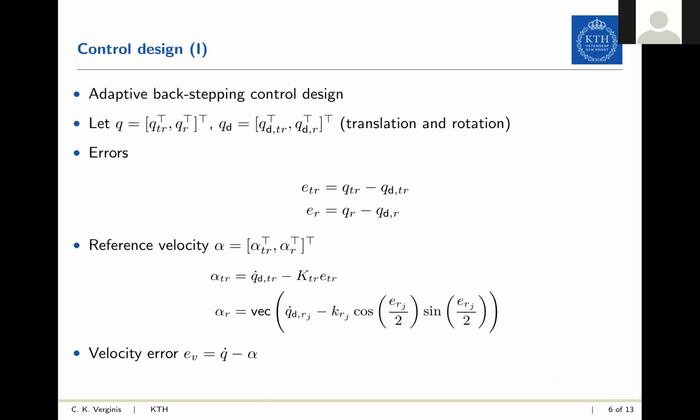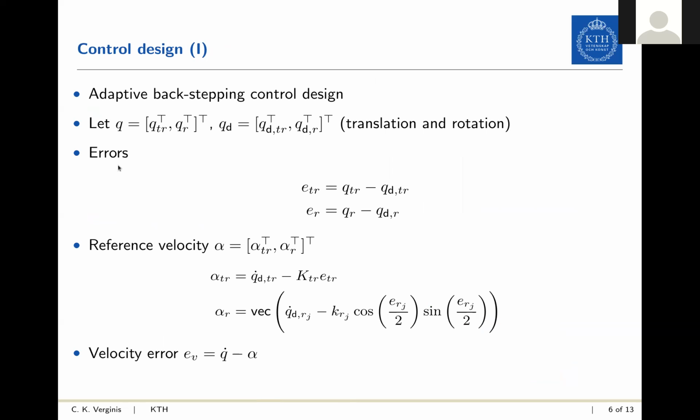The control design layer consists of a standard adaptive backstepping methodology. We first separate the joint and reference trajectories into translational and rotational parts, because that's what systems like robotic manipulators consist of.